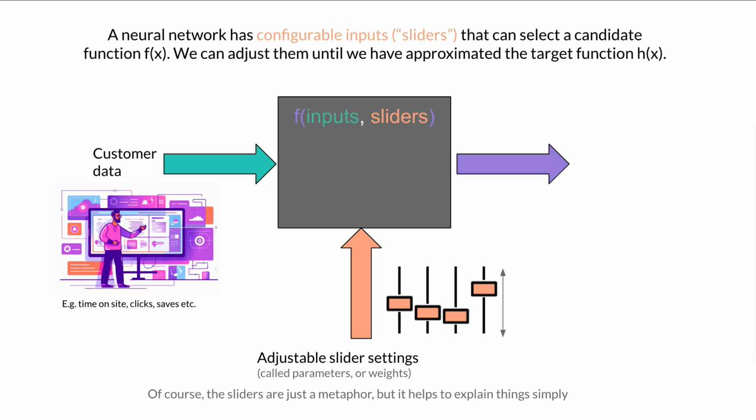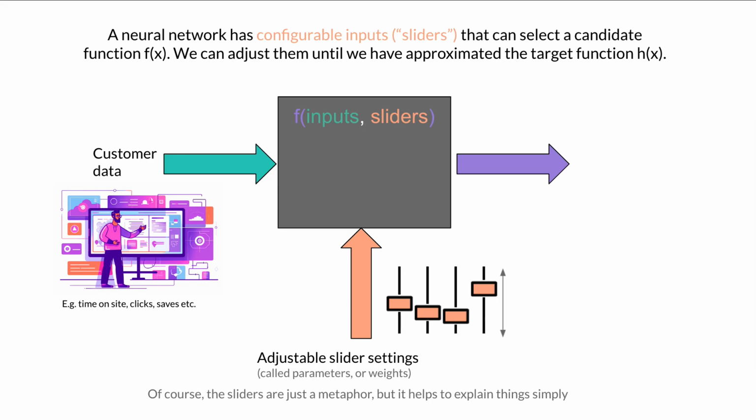They could be dials or knobs, whatever you want. The idea is just to show metaphorically that we have some settings, some parameters we can tweak to constantly change the function that the neural network is modeling.